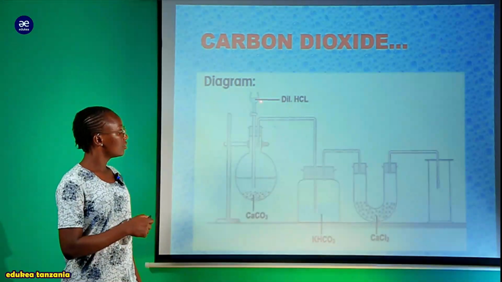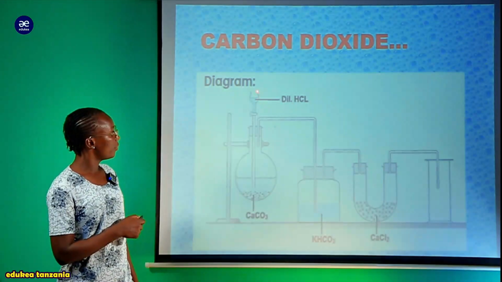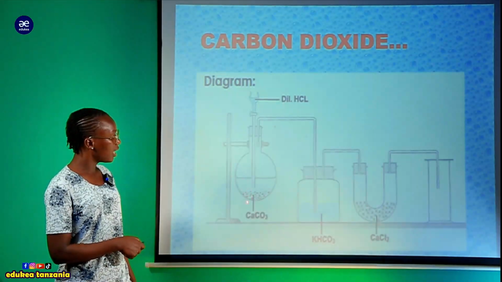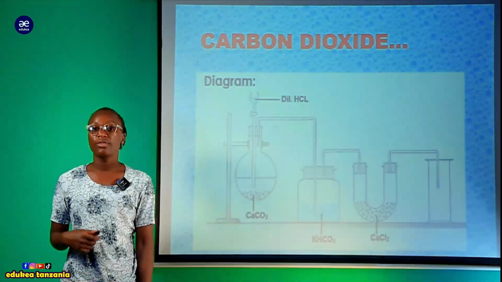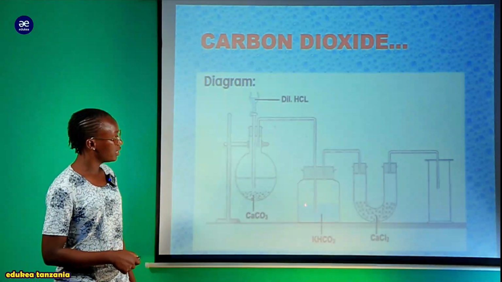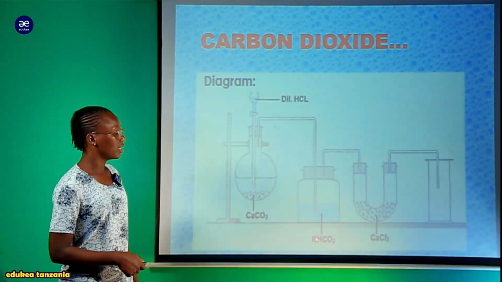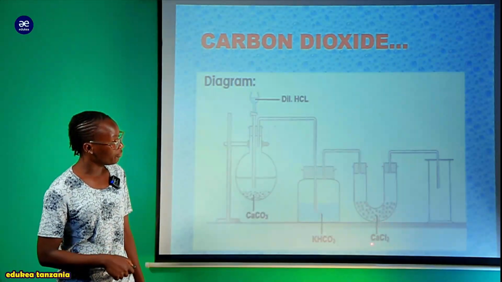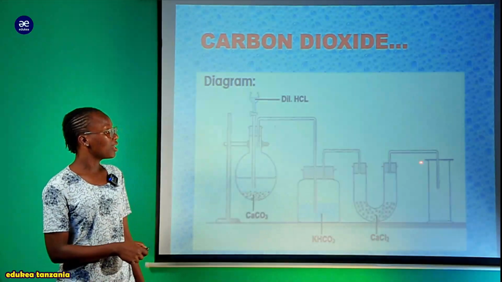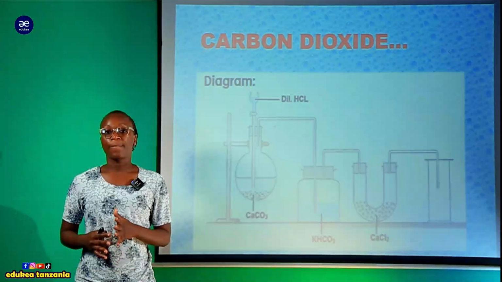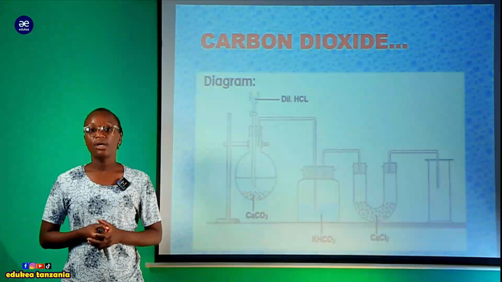So dilute hydrochloric acid inaingia hapa kwenye this funnel, ambapo itakuja kureact au kukutana na calcium carbonate or the marble chips. Then here we have the container for potassium hydrogen carbonate. Also here we have the setup of calcium chloride, and finally we have the gas jar, whereby our carbon dioxide gas can be collected.